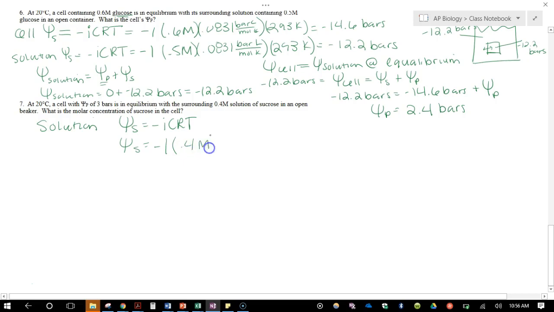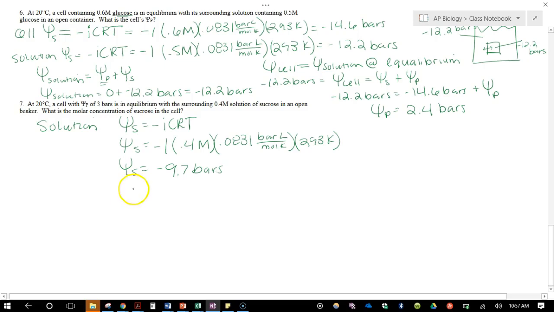Molar concentration is 0.4 molar, times R, 0.083 bar liter per mole kelvin. Now we're at 20 degrees, so 293. And when we solve, this is going to equal negative 9.7 bars.